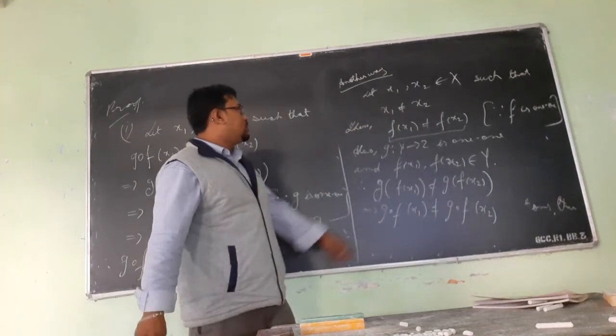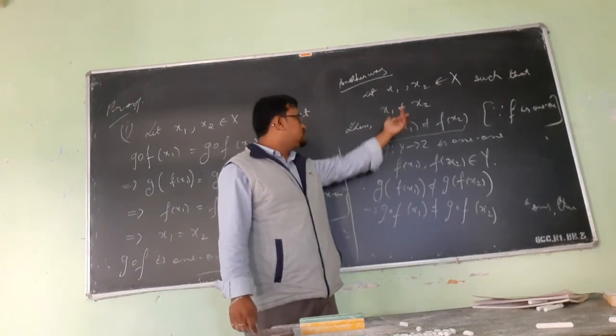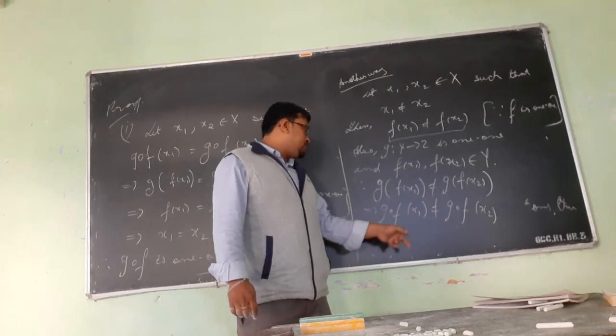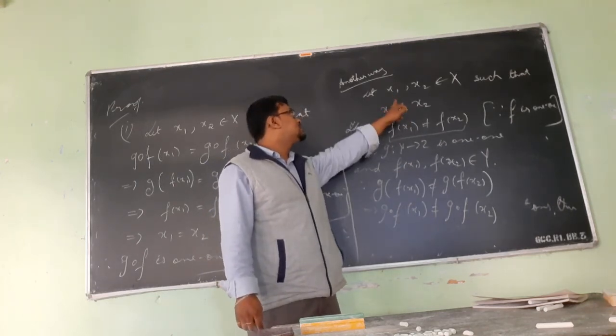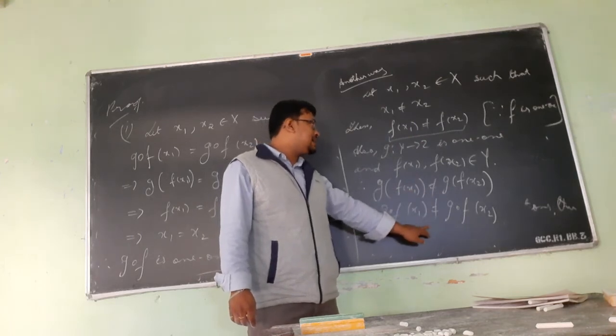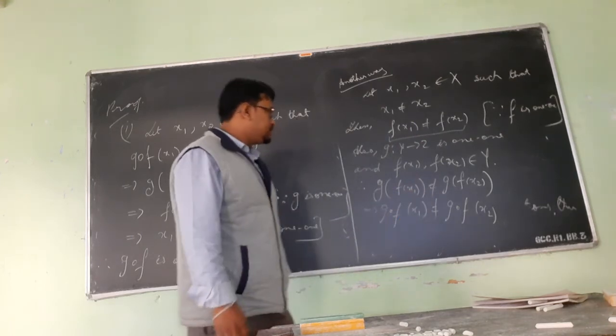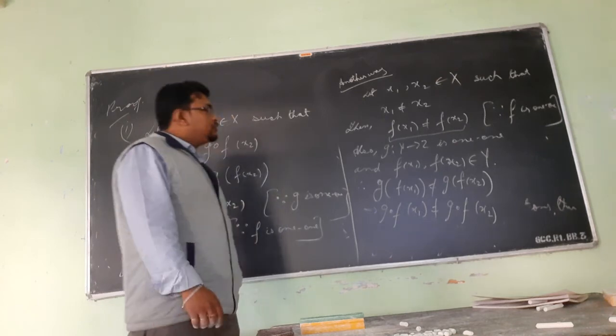So if we start from two unequal elements of X, the GOF images will be unequal. So distinct elements in X will have distinct elements in Z under the function GOF. So that is another way of proving 1-1.